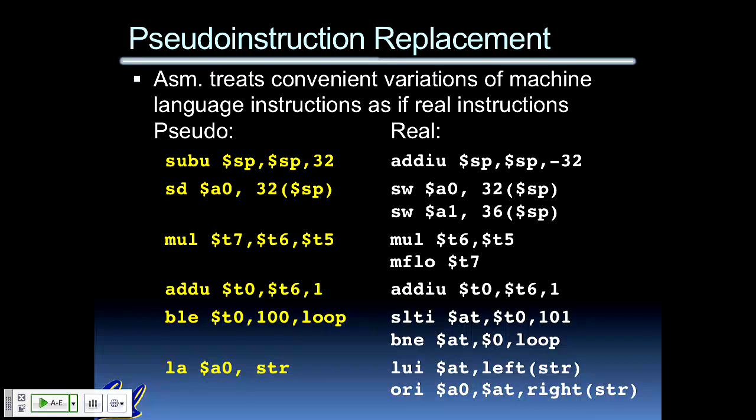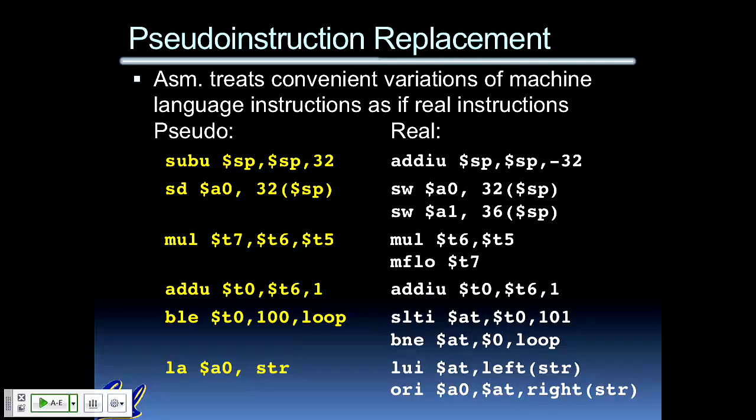So other examples, you can actually say addU with an immediate. It'll expand into the right opcode, right? You can do more complex branch conditions. You can say branch if less than or equal a register to an immediate, and the assembler will generate a sequence that first loads the right immediate, does a set less than on it, and then branches on it. Now notice in this example, we had branch if less than or equal this register to the value 100.